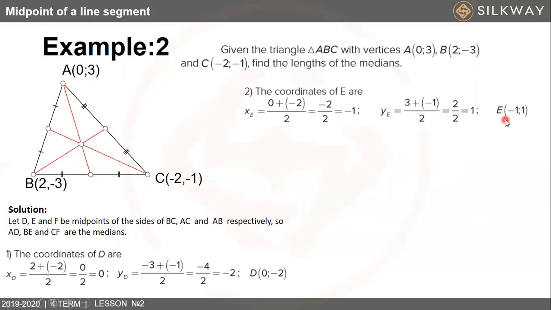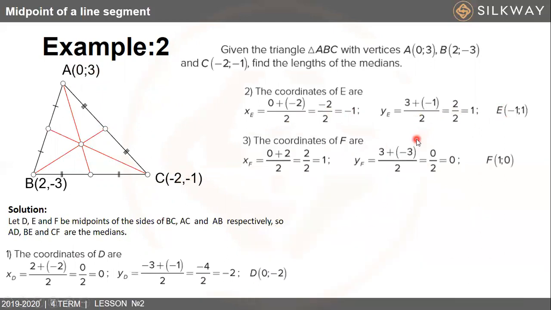So the coordinates of point E are (-1, 1). The next point, F. Here we use point A and point B. So 0 plus 2 divided by 2 is equal to 1. 3 plus -3 divided by 2 is equal to 0. So the coordinates of this point are (1, 0).